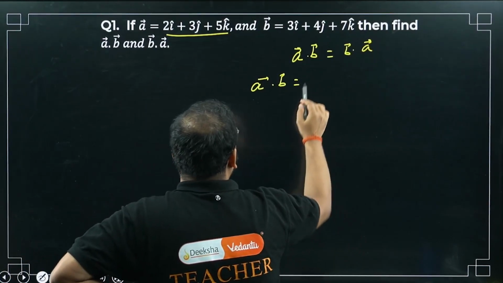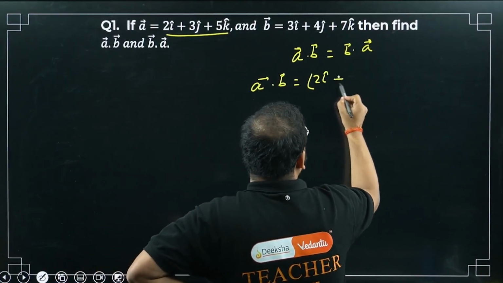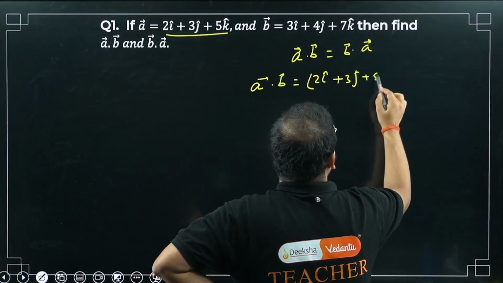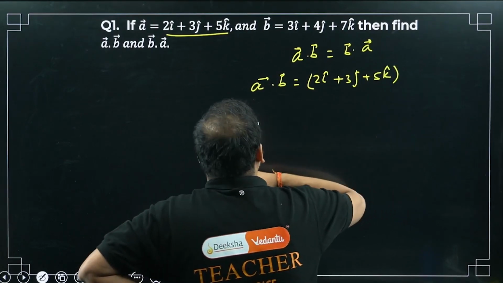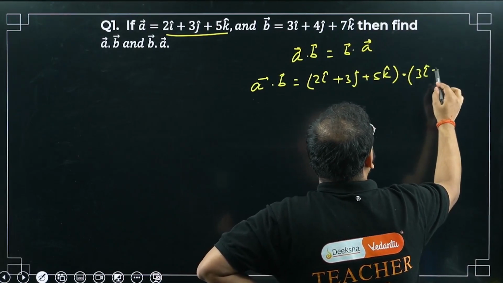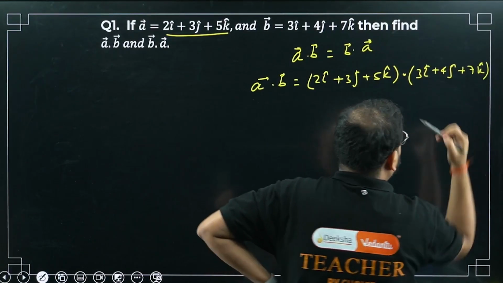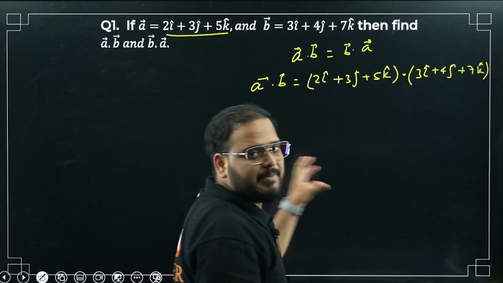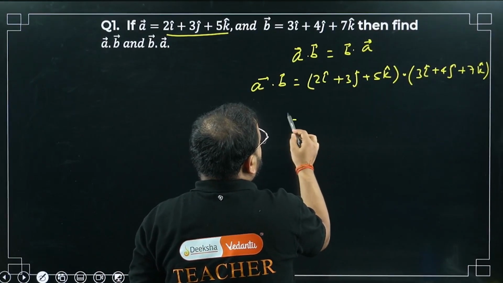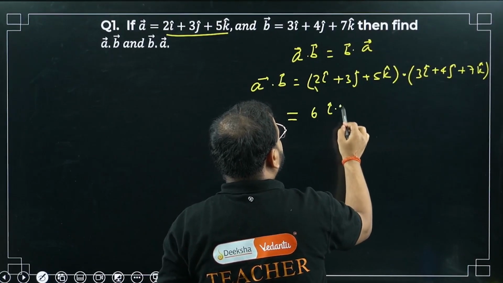So A dot B, I will write: 2i cap plus 3j cap plus 5k cap, dot product with 3i cap plus 4j cap plus 7k cap. Now multiply. Big multiplication? No, just look for i, j, and k. 2 into 3 is 6, so 6 i dot i.